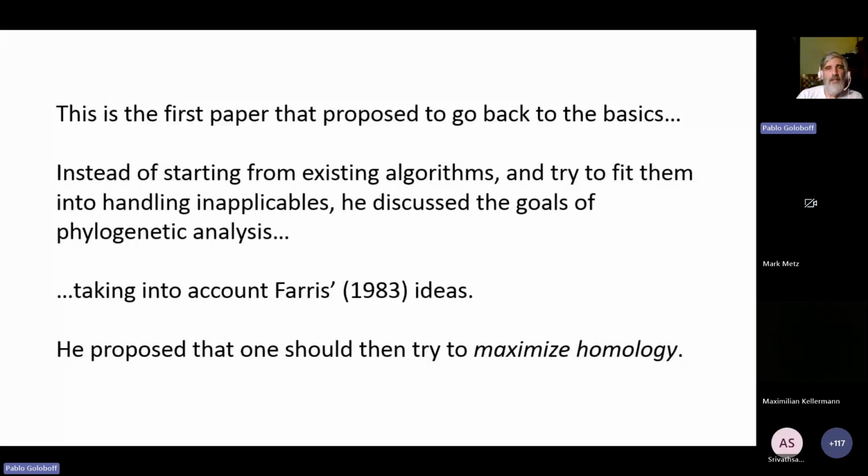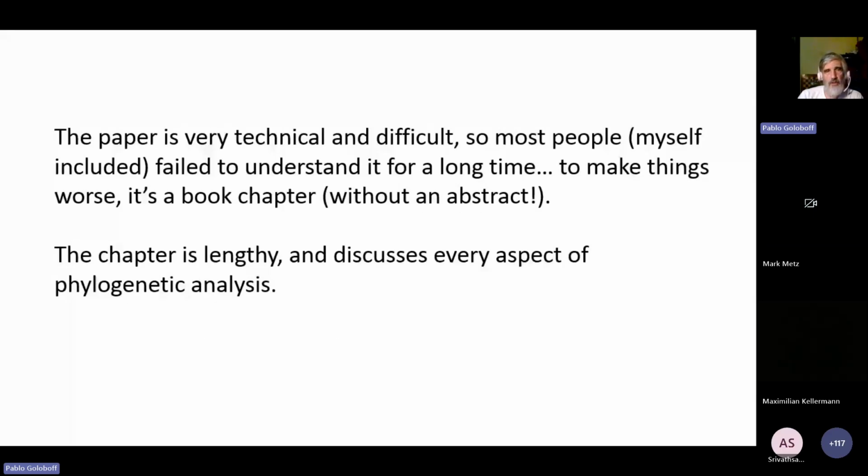He started by discussing the basic goals of phylogenetic analysis, which is to take into account Farris's ideas. So what he proposed is that one should try to maximize homology. Instead of thinking of specific algorithms for reconstructing characters, you have to think of how homology is or is not being maximized by different reconstructions.